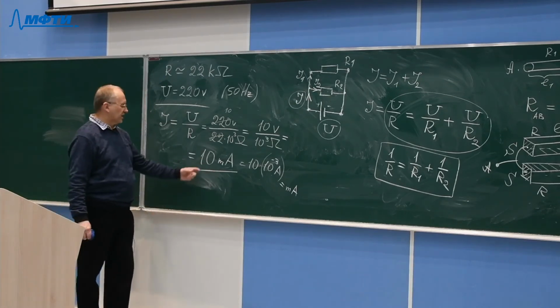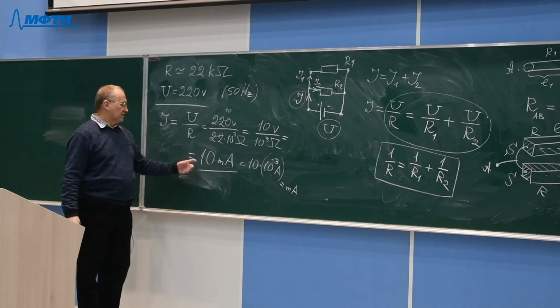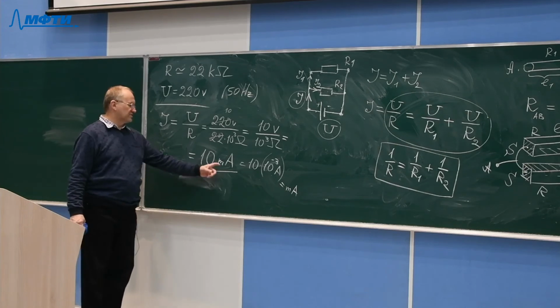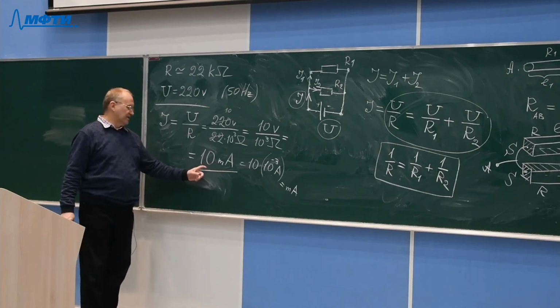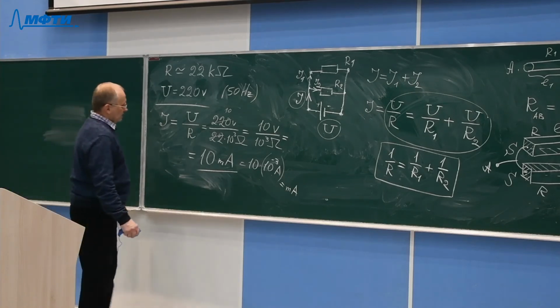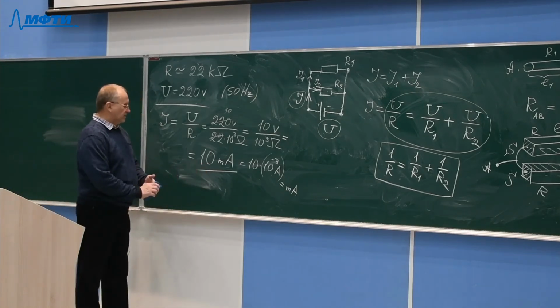Actually, the heart muscle will not operate properly, and a current just 5 times that value will be a deadly current. It will have a fatal effect. So this is very dangerous.